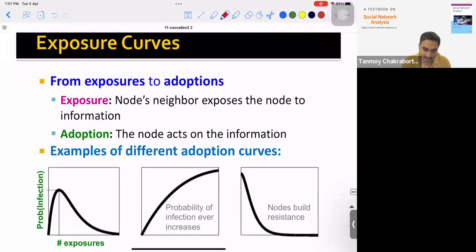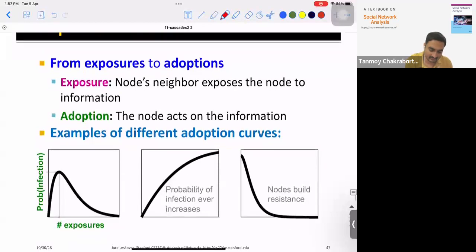depending upon the strategy or the settings, you can have different types of exposure curves. For example, if your exposure curve looks like this, where the x-axis is the number of exposures and the y-axis is the number of infections, meaning adoption, you can have this kind of curve, increasing and then decaying.